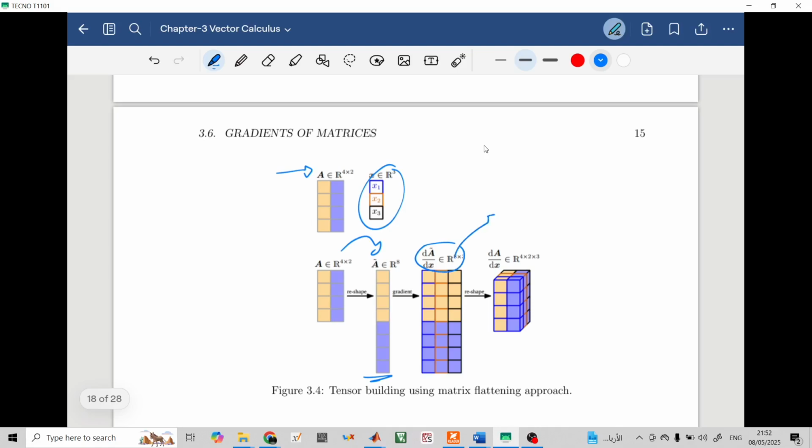How do we get the 8? 4 times 2 equals 8, right? We have 3 elements of x, x1, x2, and x3, so we have 3 columns. This is the flattened Jacobian. We need to reshape it into a 3-dimensional tensor, so it should be 4 by 2, which is the original matrix, and it has 3 pages, right? So we have 2 ways to do that.